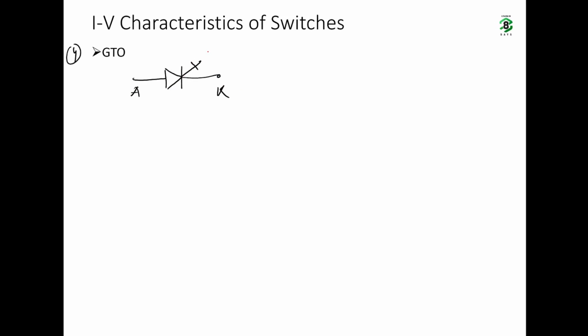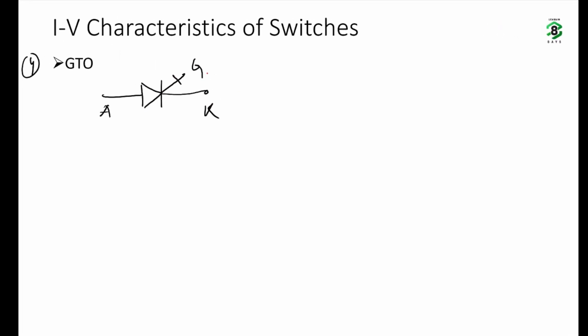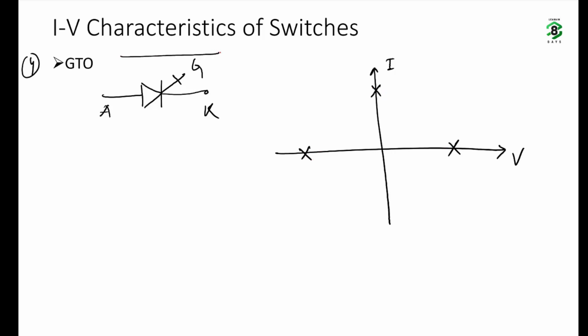Next is GTO. Okay, this is voltage, current. It can block both polarities of voltage, okay, because it's bipolar in nature, and it allows the current flow only in one direction. Okay, it has the added feature that it can be turned off using the gate signal.